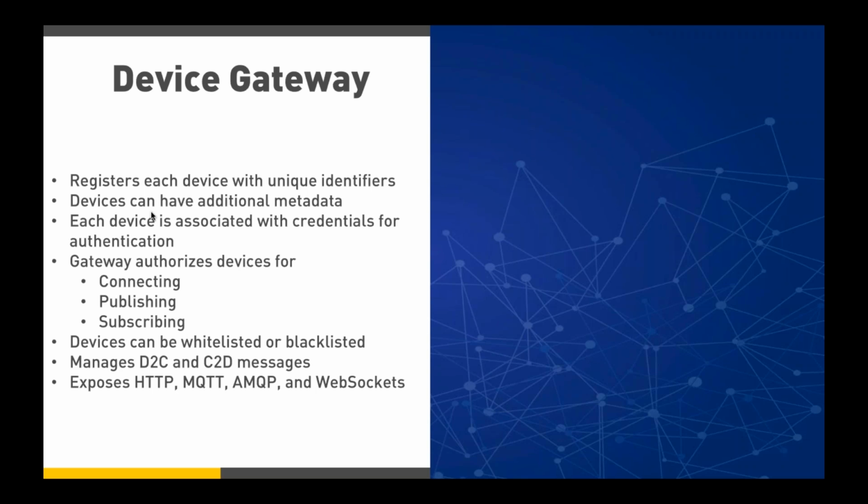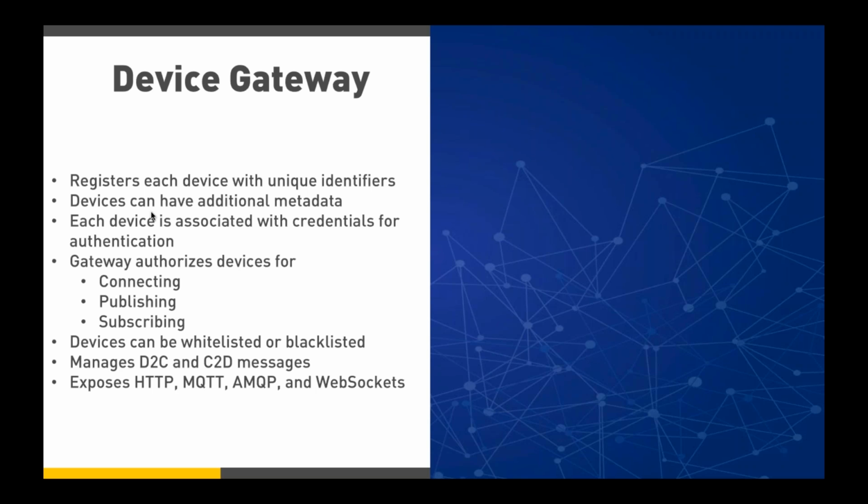And these devices are also associated with credentials that are used for authenticating. In a lot of ways, this is like user profile management in a mobile backend. So every device that is participating in the connected solution has to be first registered with the gateway and get the credentials to authorize itself to participate in sending and receiving the data.